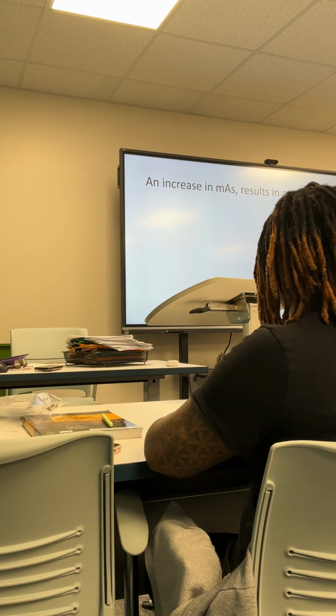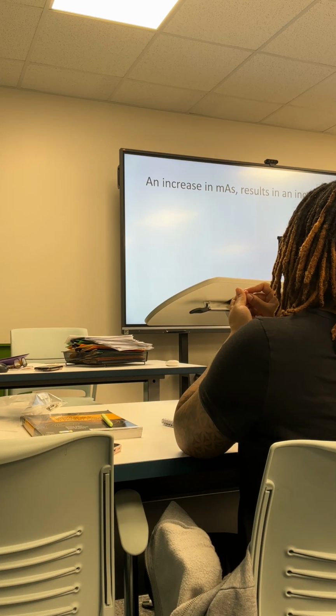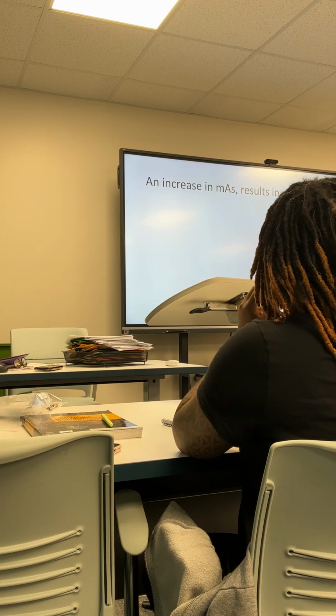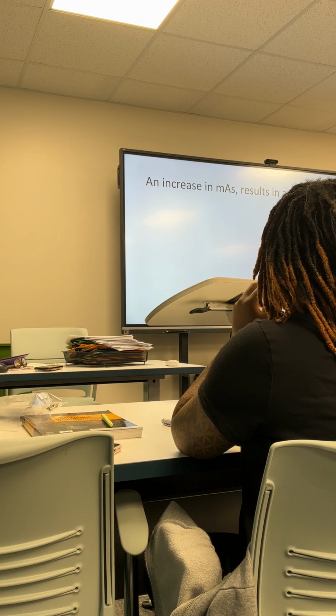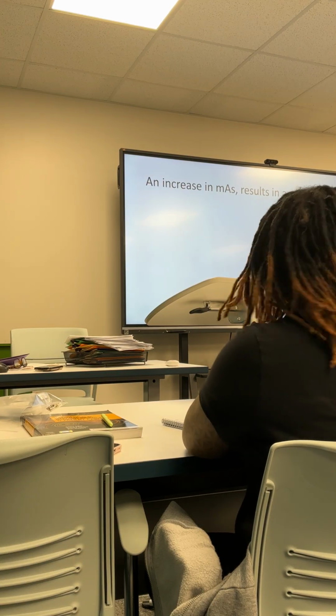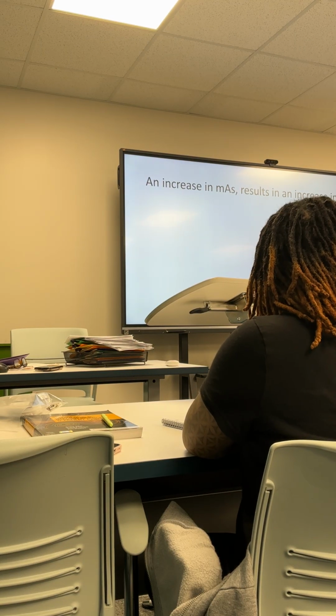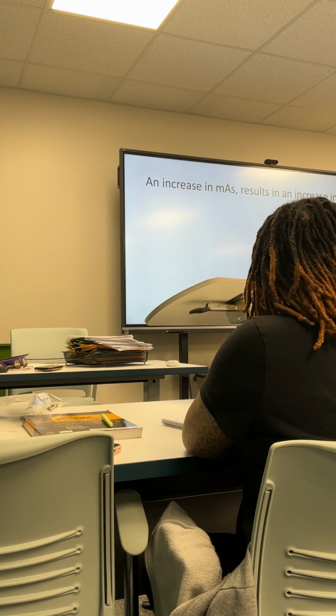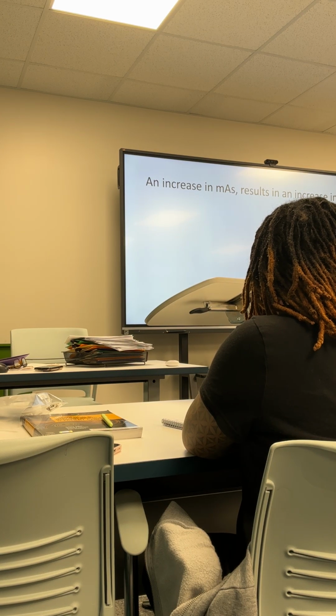So just looking at the formulas, Emily, you got those two formulas written down? Yeah, I'm writing it down. Which one looks like it would be the number one controlling factor of quantity? They both control quantity, but based on the formula, why would one be primary over the other?